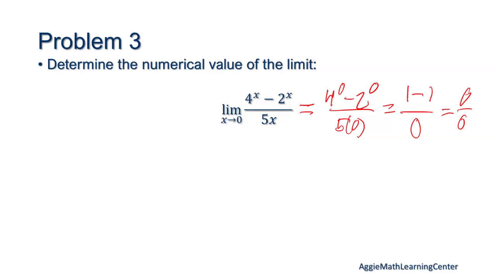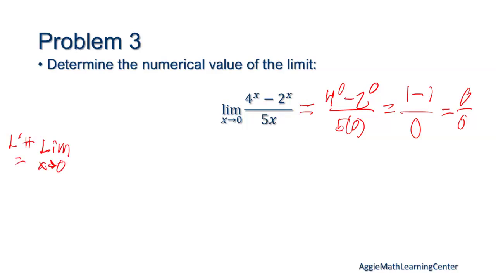So applying L'Hopital's, that's going to be the limit as x approaches 0 of the derivative of the top. Do you guys remember what the derivative of an exponent with a non-e base is? If you don't, that's okay. It's not one that comes up. When we were reviewing this the other day, I had to look it up.